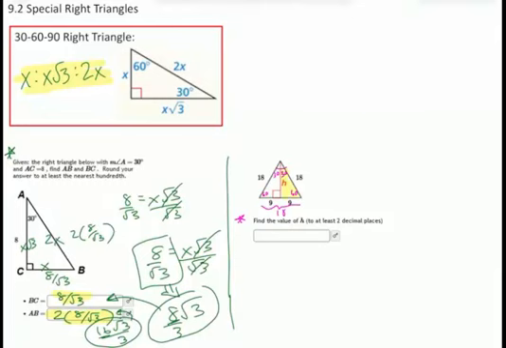Again, you're given this pattern. I'll rewrite it here. If this is 18 and this is 9, you have x, 2x, x root 3. And so if x is 9, you get 9 root 3. And that's all you have to do. That is your solution.